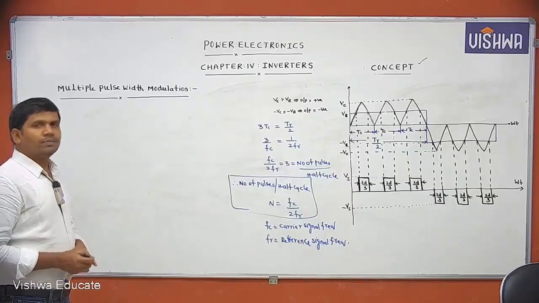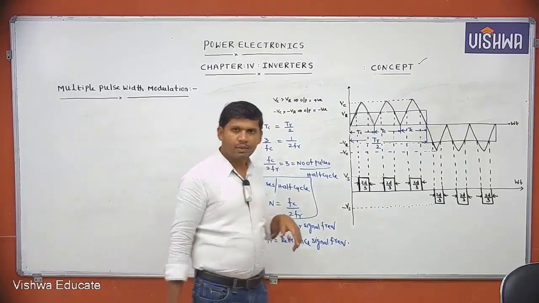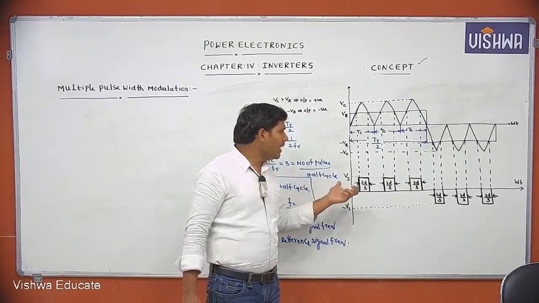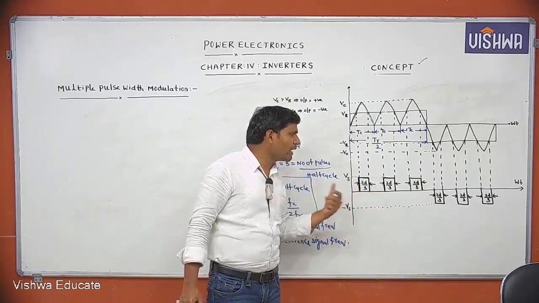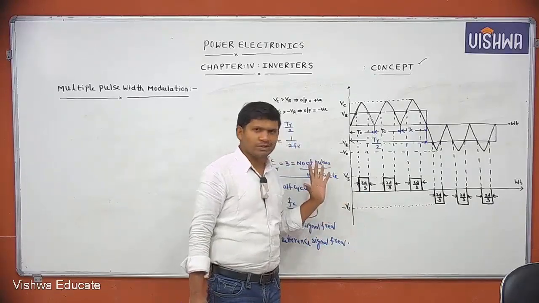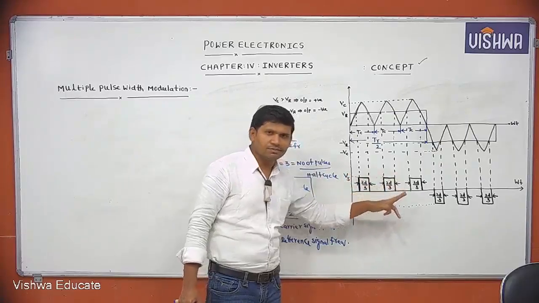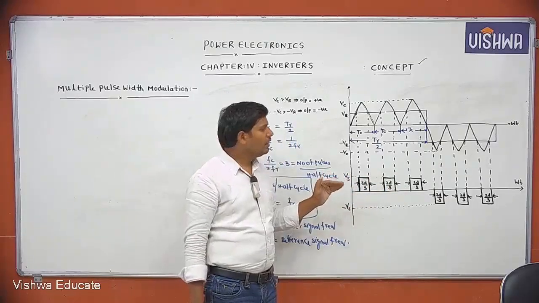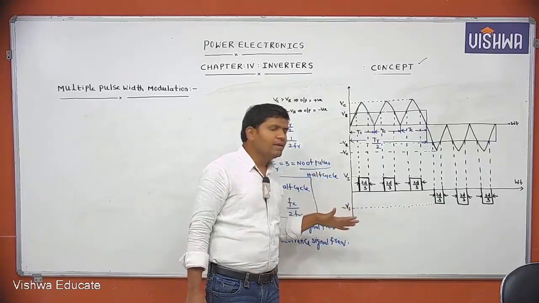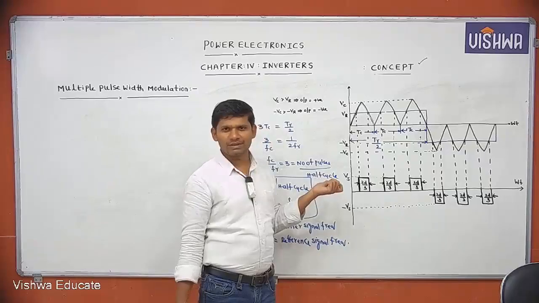So this is about the multiple pulse width modulation technique. But I want to apply Fourier analysis: the multiple pulse width modulated output we are getting is not sinusoidal. The fundamental component is sinusoidal, but the output is non-sinusoidal. Any non-sinusoidal waveforms are analyzed by using Fourier.